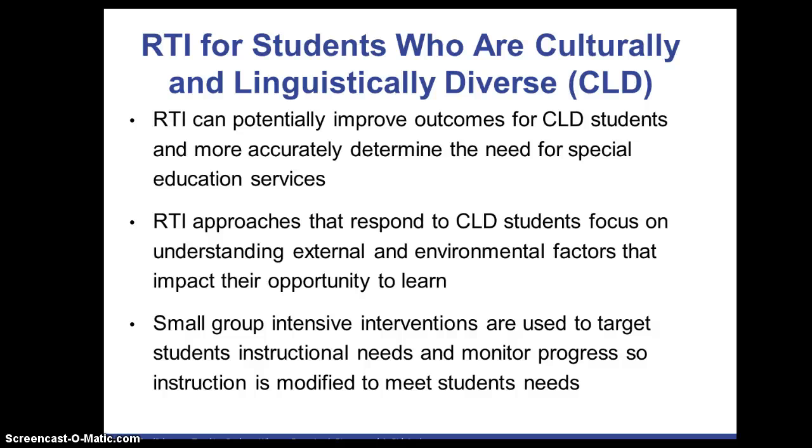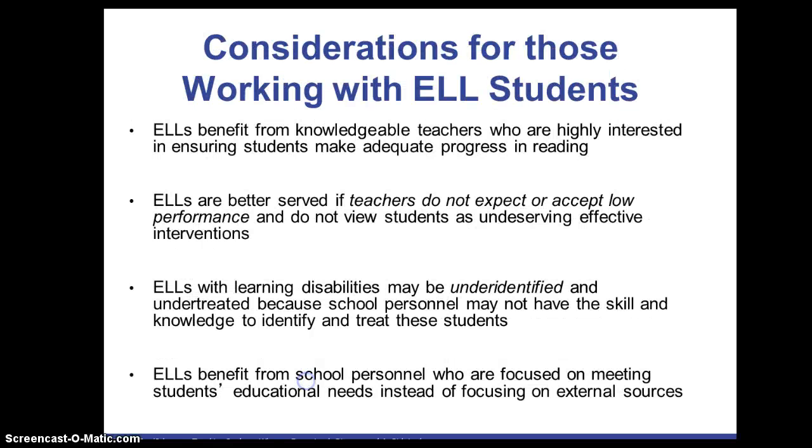We have a special set of kids that we need to pay attention to, and these are kids who are culturally and linguistically diverse. By separating them out into Tier 2, then we can begin to specifically look at how we're using language to reach these students, and how we also are making sure that we expand their environmental exposure to make sure that they are culturally responding, not just academically and behaviorally responding.